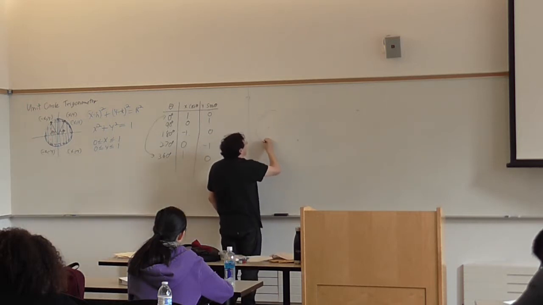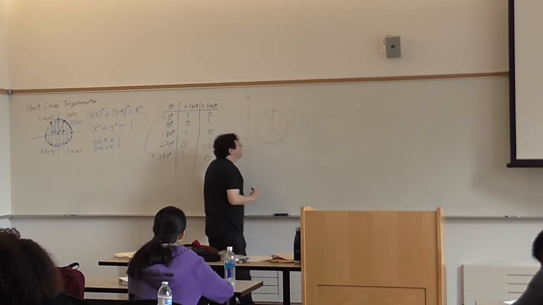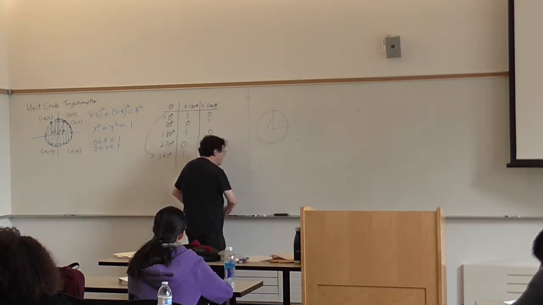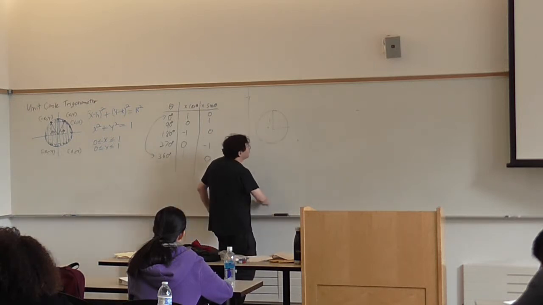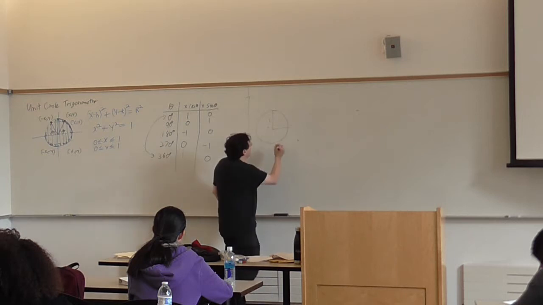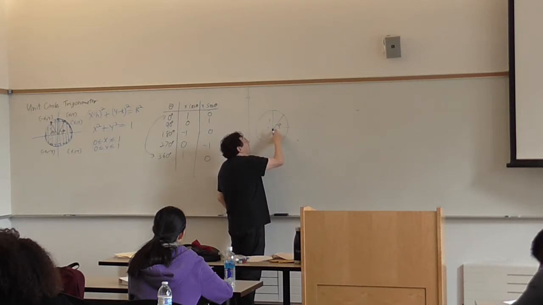So again, I have a circle, radius 1. Let's talk about radian measure for just a second, right? If I have some angle here, theta, and I'm using radian measure, and the radius is 1.